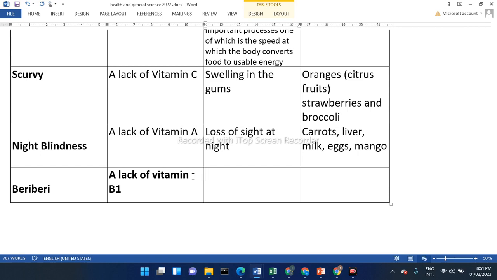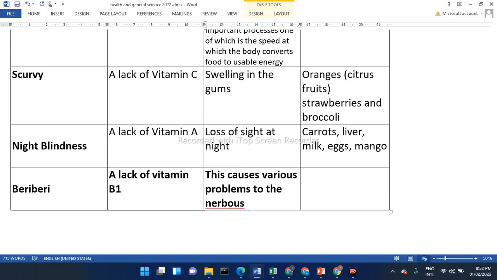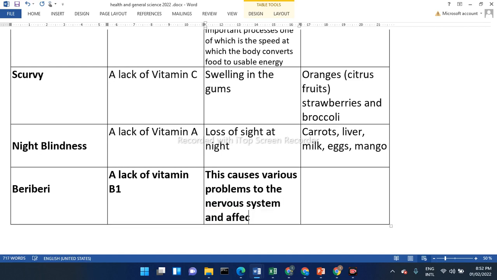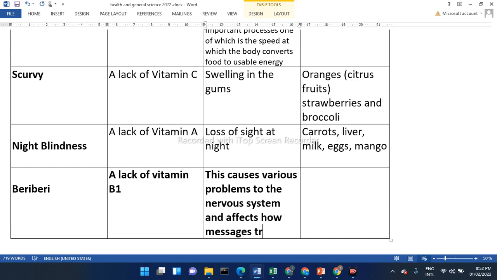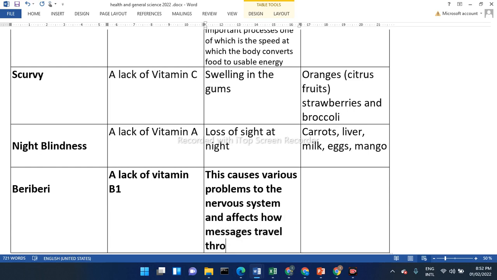So a lack of it causes various problems to the nervous system and affects how messages travel through the nerves.